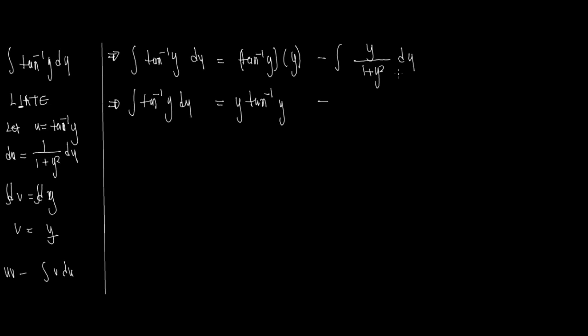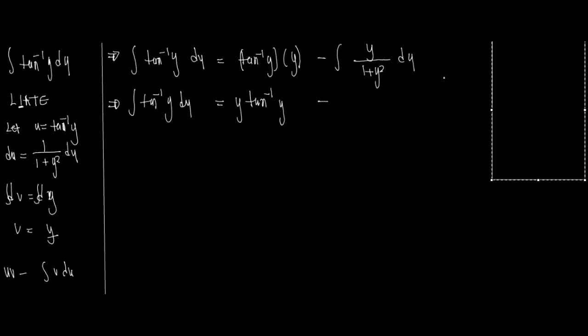because we can see that when we take the derivative of 1 plus y squared, we will have 2y, and that 2y will cancel the y here. So we're going to use u substitution. So let's draw another box here so that we can do our work.